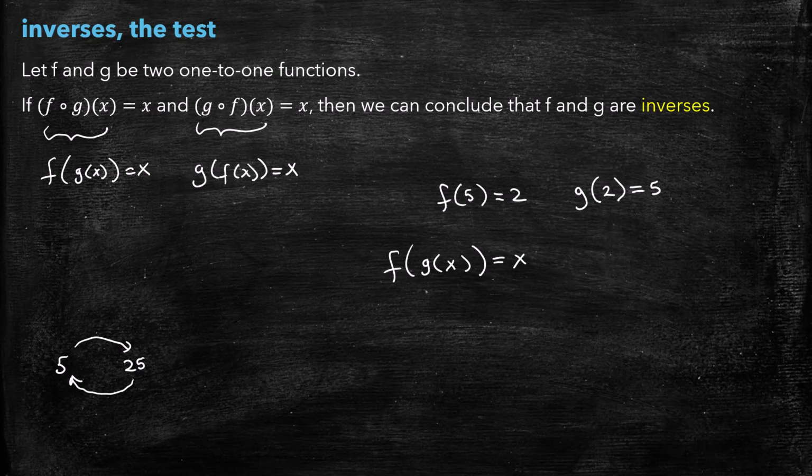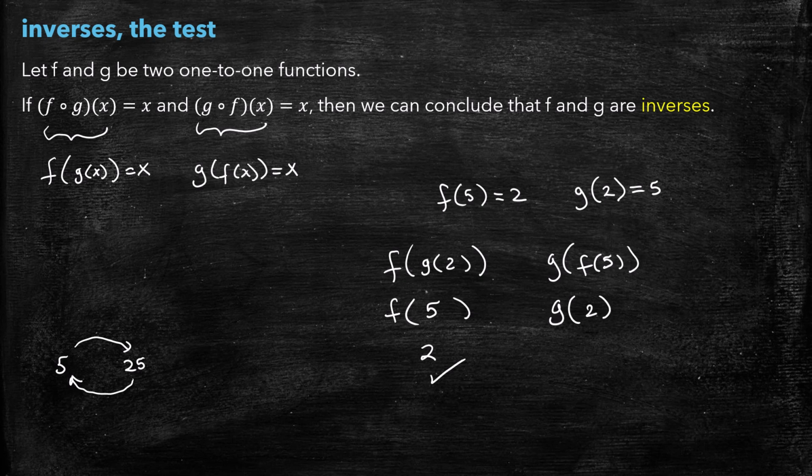The only thing we know about is g of 2, so let's put in 2 here. If g of 2 is 5, and then if we plug 5 into f, we get 2. Check, that works. Let's look at g of f of, well, the only thing we know for right now is what f of 5 is. So f of 5 is 2, and g of 2 is 5, and that checks.